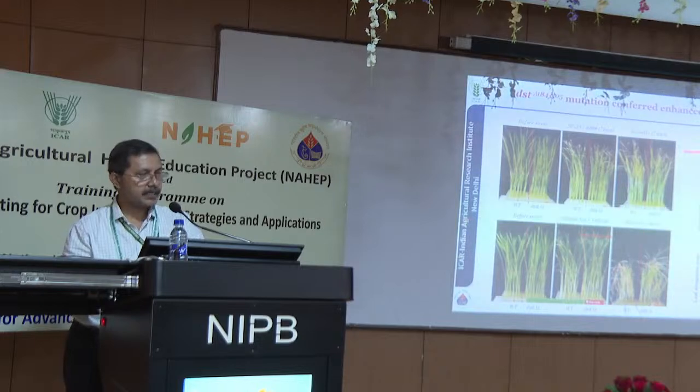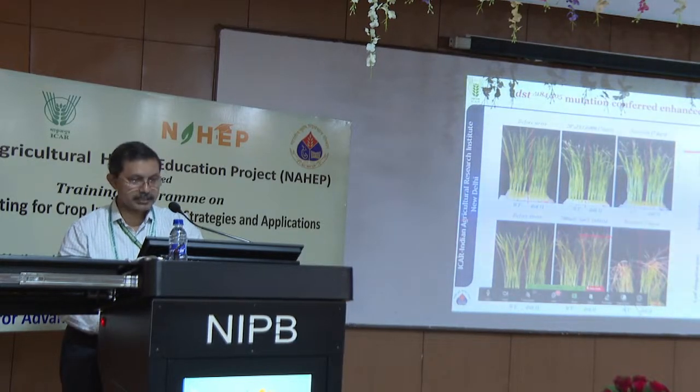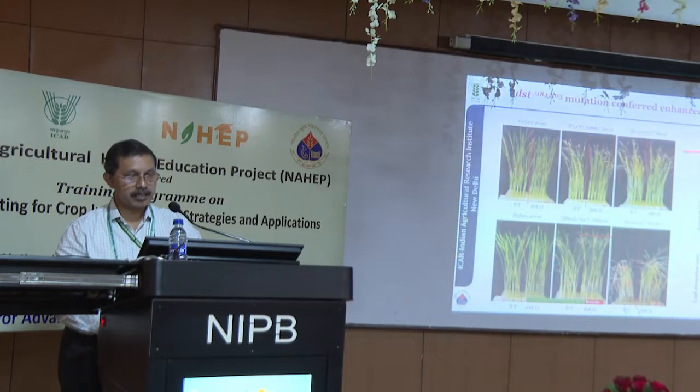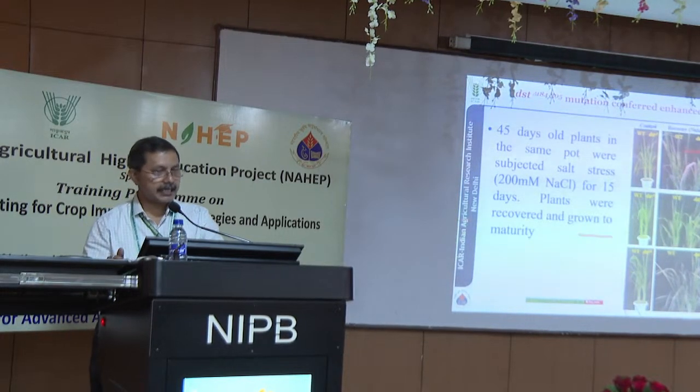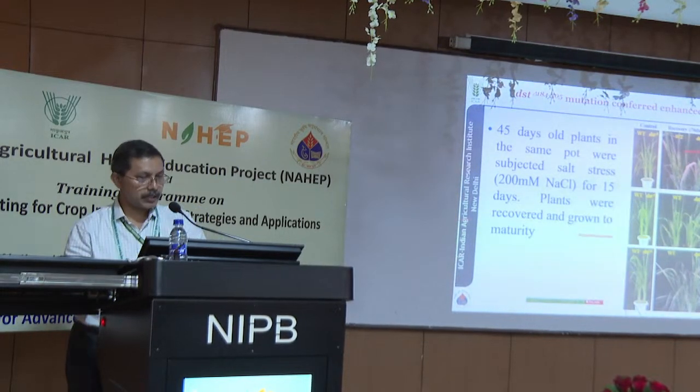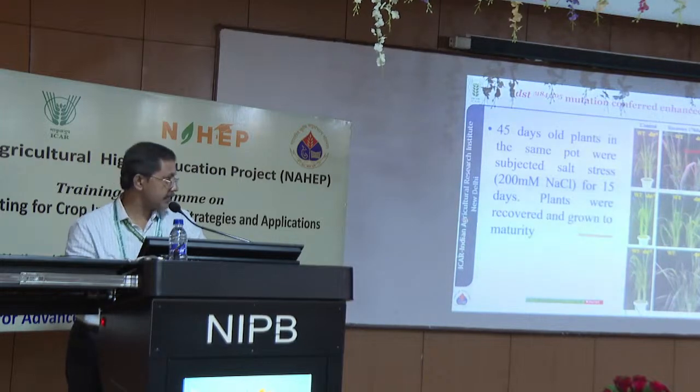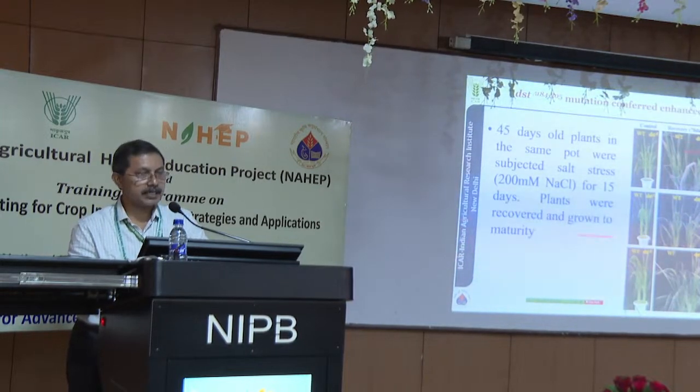We compared the phenotype of wild type and the mutant under osmotic stress and salt stress conditions, and these mutants showed better performance than the wild type under both. Because in the earlier paper it was shown only at the seedling stage, we were interested in trait expression in the adult plants.